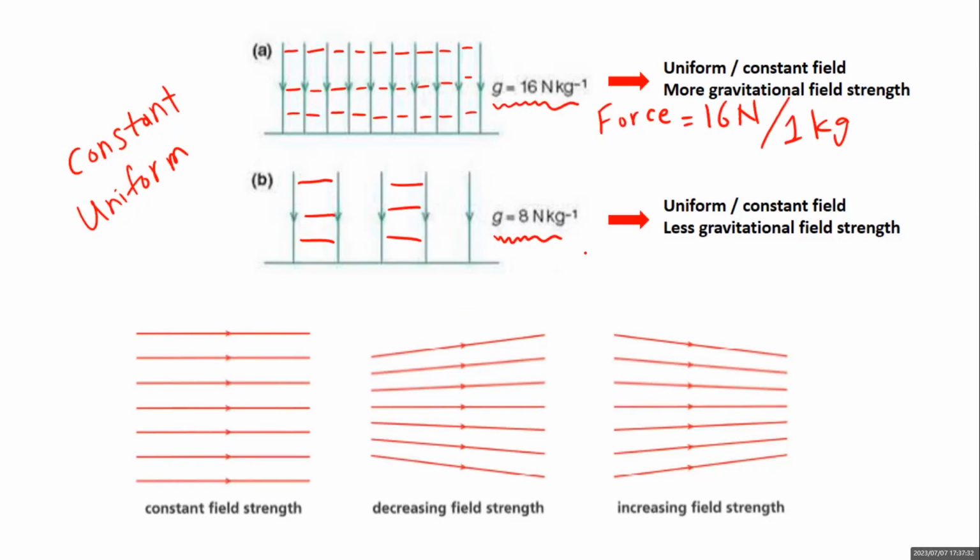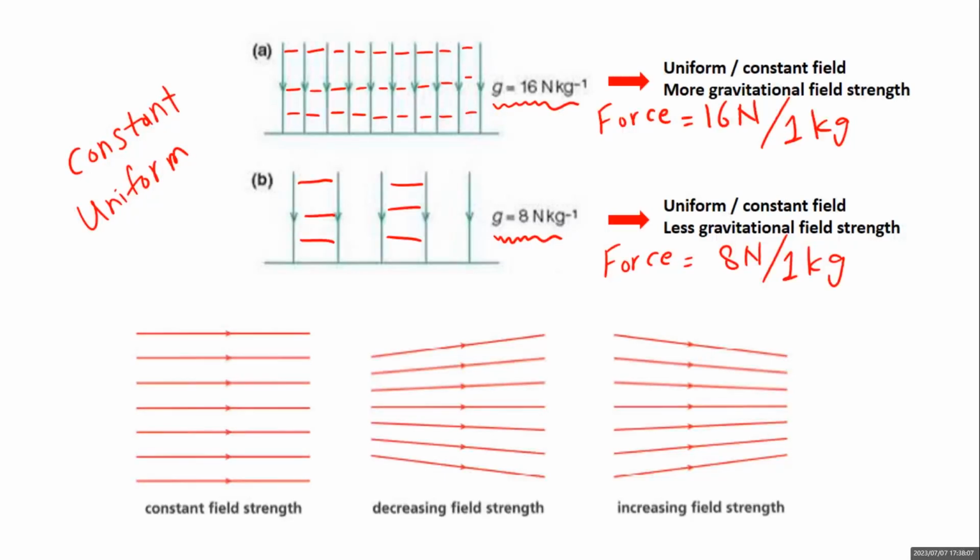Whereas for the second one, if I keep an object near the field of the second one, it is going to experience a force of only 8 Newton per kilogram, which means that every 1 kilogram of mass, or every unit of mass, is going to experience a force of 8 Newton. So I can say that the field strength of the first diagram is stronger and the field strength of the second diagram is weaker.